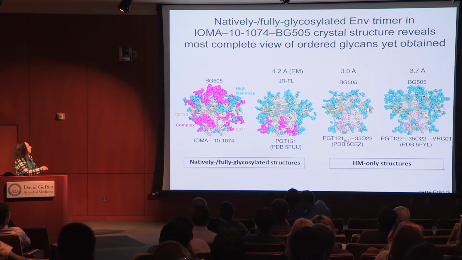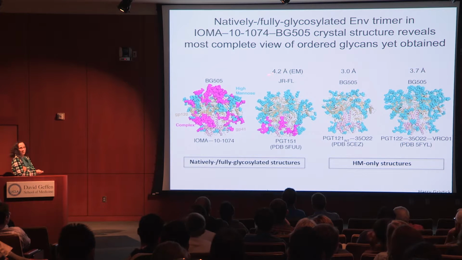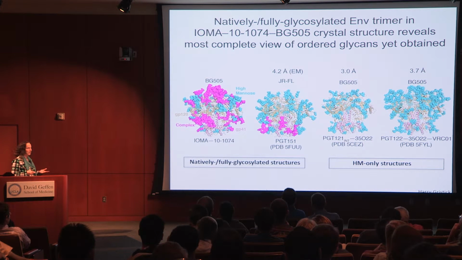Okay, so this is a comparison between the envelope trimer structures that are published now. So this is Harry's structure right here that I just showed you with these two antibodies bound. This is a cryo-EM structure solved by single particle cryo-EM by Andrew Ward's lab to 4.2 angstroms resolution. Of course, there's no problem with including all the glycans in single particle cryo-EM because you're not trying to crystallize it.